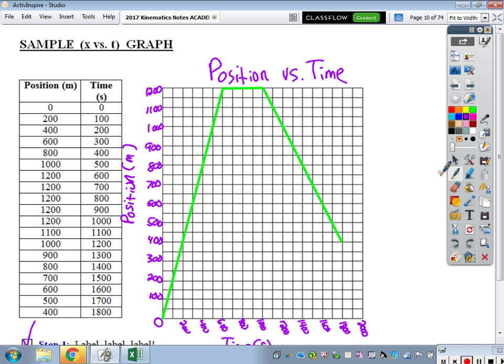What you should find as we're plotting our data points is that we're going to get 3 very distinct and constant sloped line segments.